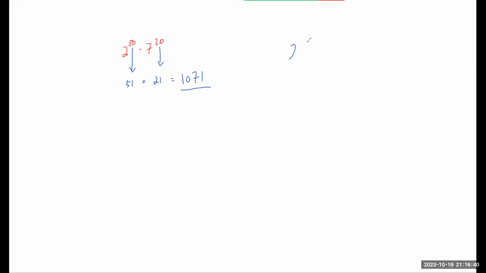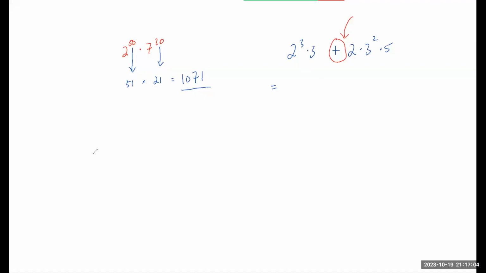In class, we did one that was like 2 cubed times 3 plus 2 times 3 squared times 5 or something like this. And here, what I want you to realize is if you're trying to find prime factorization, you have to get rid of things like addition. You cannot have addition if you're going to do prime factorization. The word is factorization.